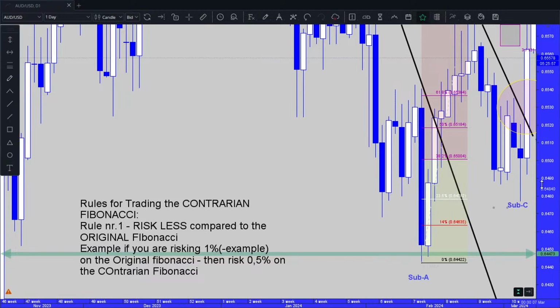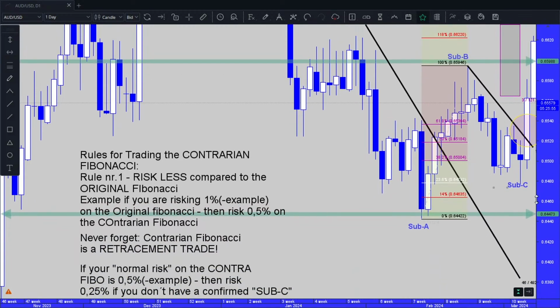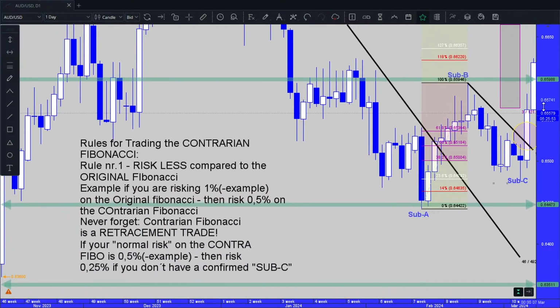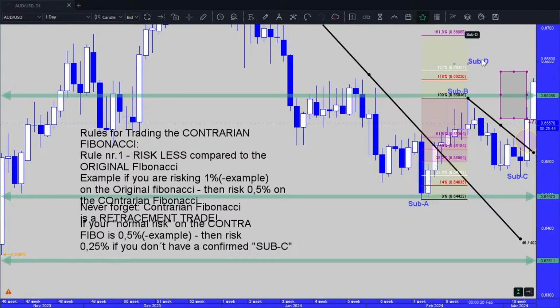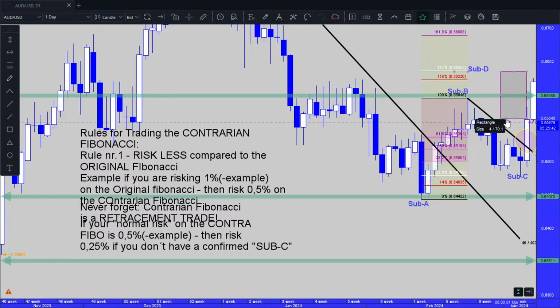And the market hit the white, so we are going to take profit at the white level, sub D. This is our take profit level. I don't want to hear yes, but, those are the rules. You're trading the Fibonacci sequence. If you're trading the Fibonacci sequence, you are going to get here, right?